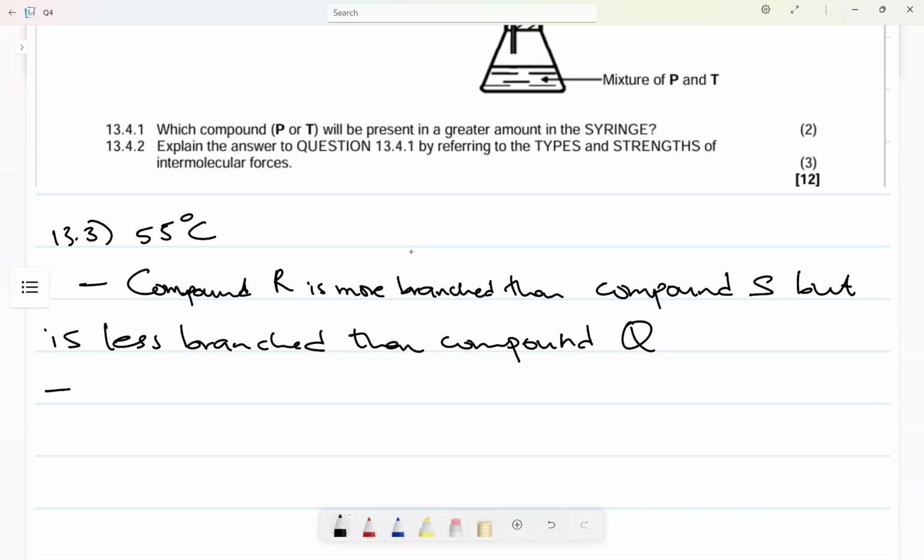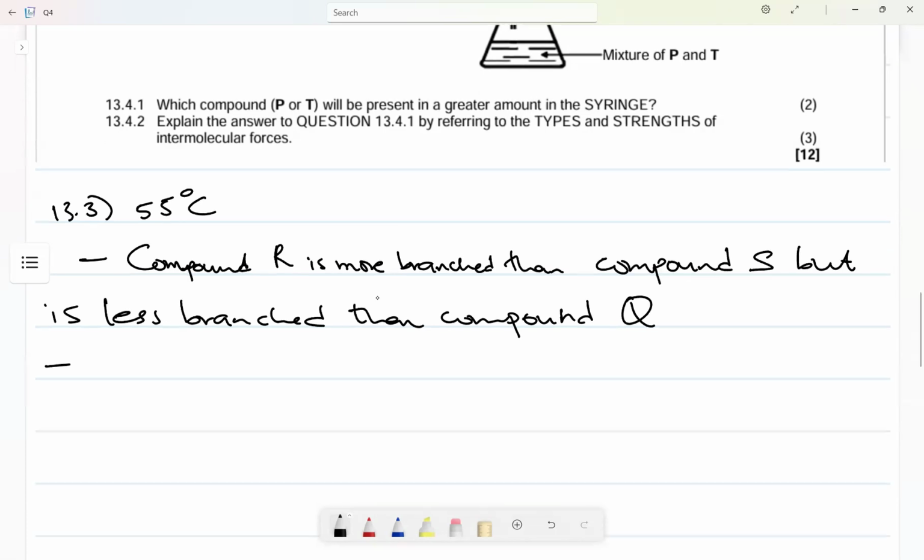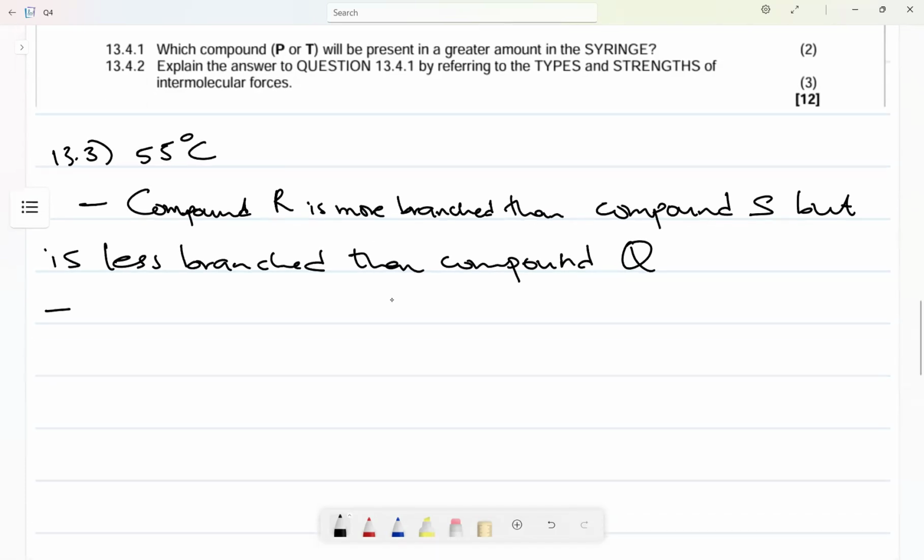You need to tell us that, therefore, now what happens? The strength of intermolecular forces of compound R, remember, if you are more branched, it means you have weaker intermolecular forces.